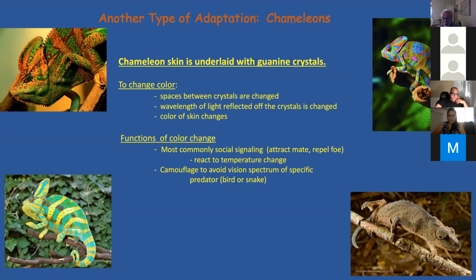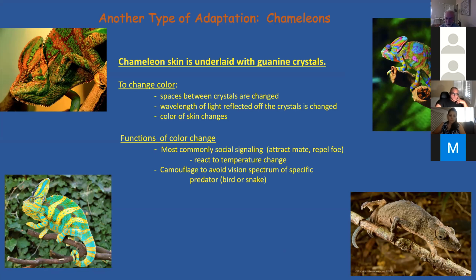Remember guanine? DNA. But in the chameleon skin, it's concentrated into crystals. And to change color, the spaces between the crystals change so that the wavelength of light reflected off the crystals changes and the color of the skin changes.